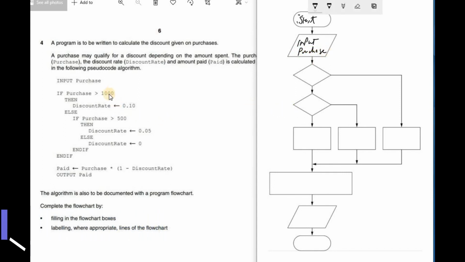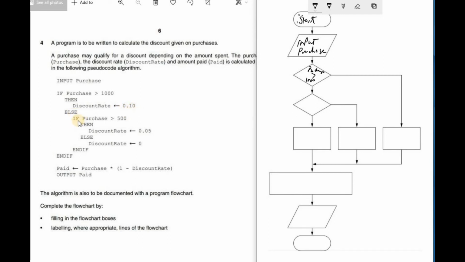After this, we have a condition. If purchase is greater than 1000, this symbol is used for decision or condition. So we will write here, if purchase is greater than 1000. If the purchase is more than 1000, then discount rate is equal to 0.10.